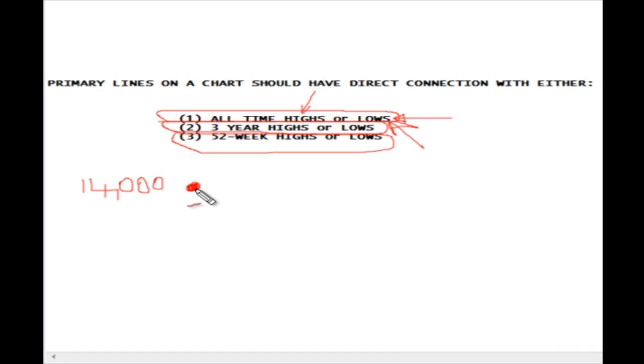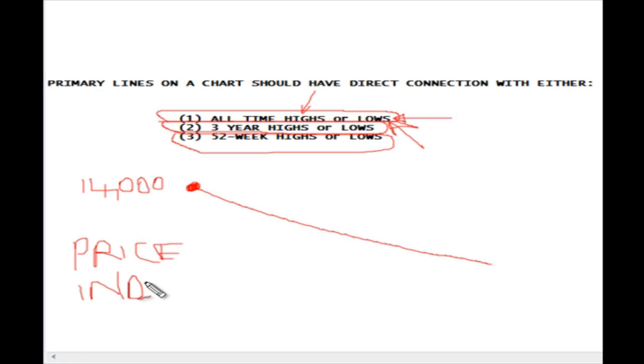So if you can find an area in the chart where you can draw a straight line, let's say connecting price, you can use this for connecting both price or indicators. It works for both, either price or indicators.